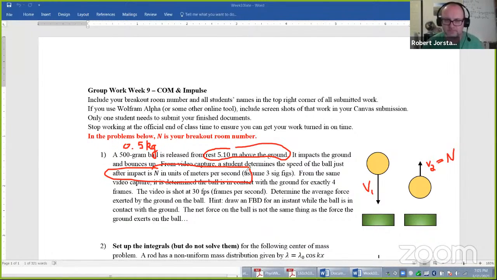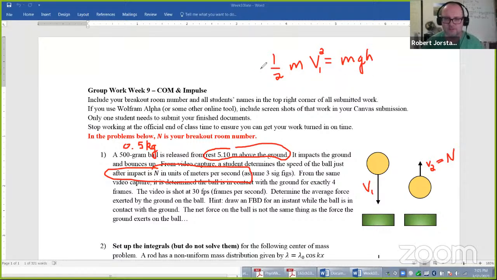Got it. And now in this case, if it's released 5.1 meters above the ground, V1 should equal, let's see. Well, we could do 1/2 mass times V1 squared is equal to mgh, because I'm comparing the energy.